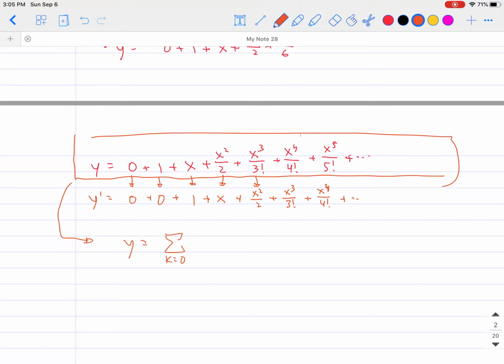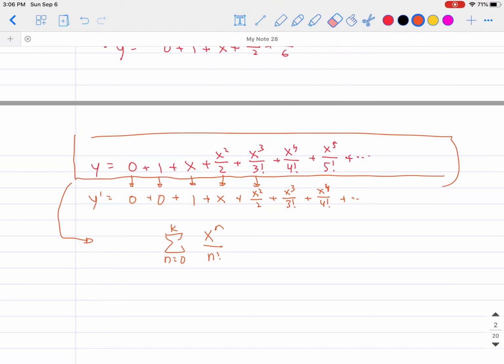starting at k is equal to 0, or n is equal to 0 in this case, actually, because that's my starting point. Let me go ahead and change that up a little bit. So here, n is equal to 0, and it's going to be reaching towards k. And we have the function, looks like it's going to be x to the n divided by n factorial.